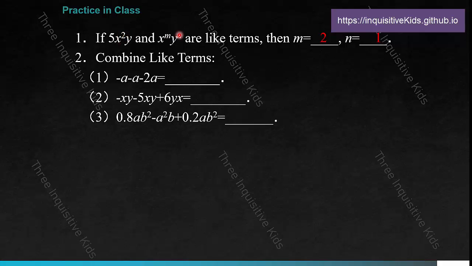And n has to equal 1 because over here the y is raised to the first power. And then when you combine like terms, you'll get -4a, and then this would just be 0 because it cancels out. Then for the third one, it's ab squared minus a squared b.